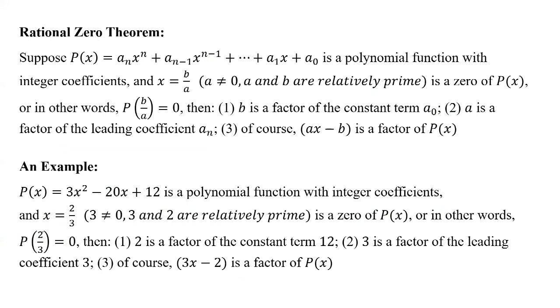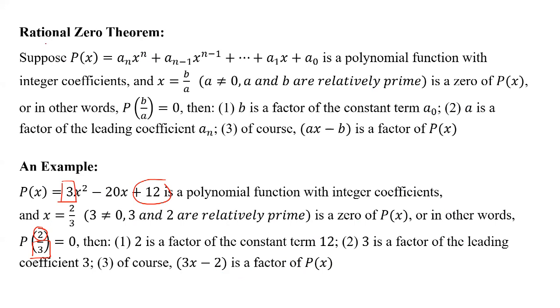And then we know that 2 is a factor of the constant term 12 here. And 3 here is a factor of the leading coefficient 3 here, right? And of course, 3x minus 2 is a factor of P(x). This is by the factor theorem, right?